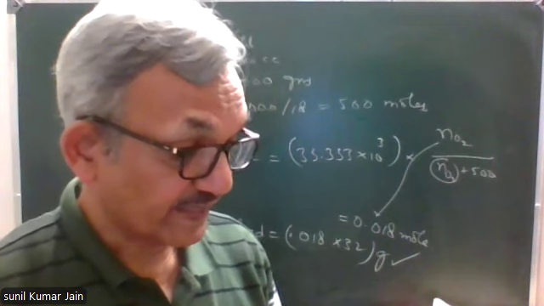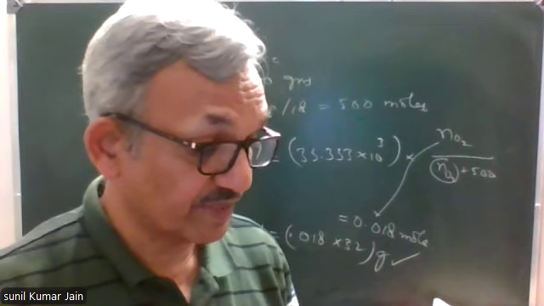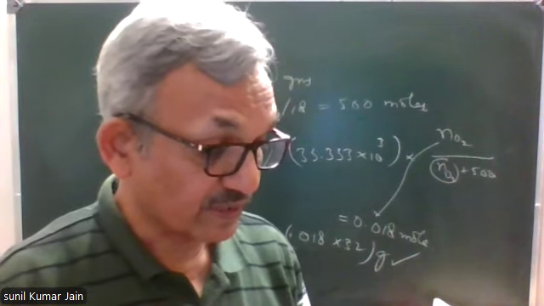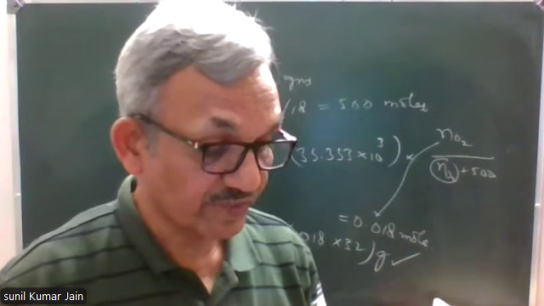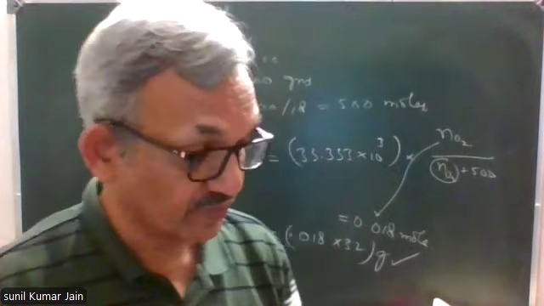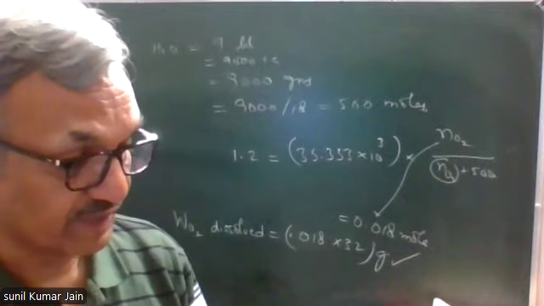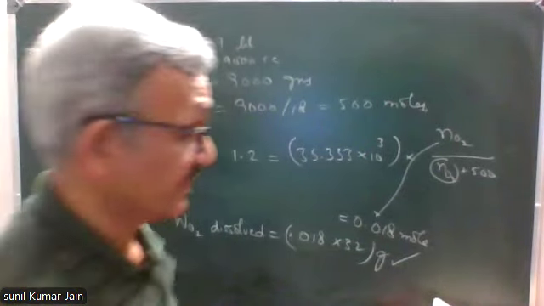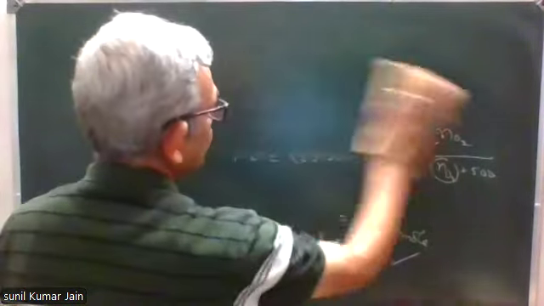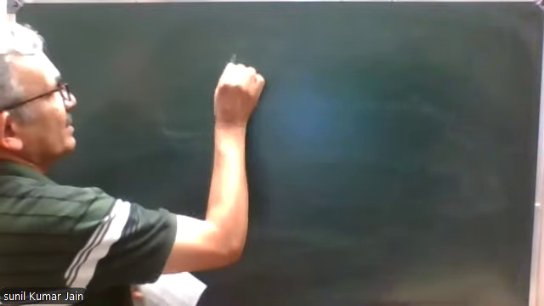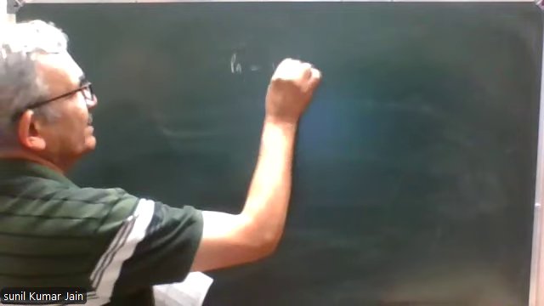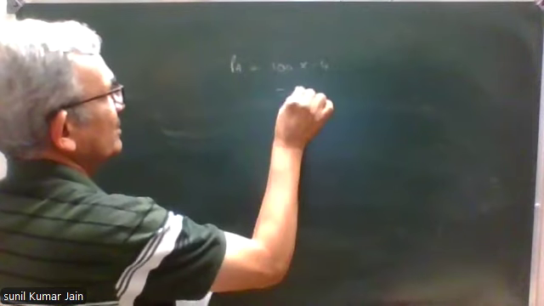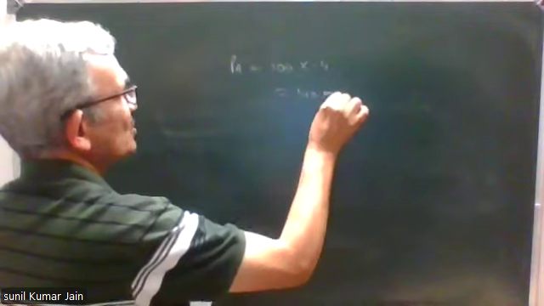Second numerical. Calculate partial pressures of A and B and total pressure of the solution in which the mole fraction of A is 0.4. Vapor pressures of pure A and B are 100 and 150 millimeters respectively. See, PA will be P naught A into mole fraction, 40 millimeters.